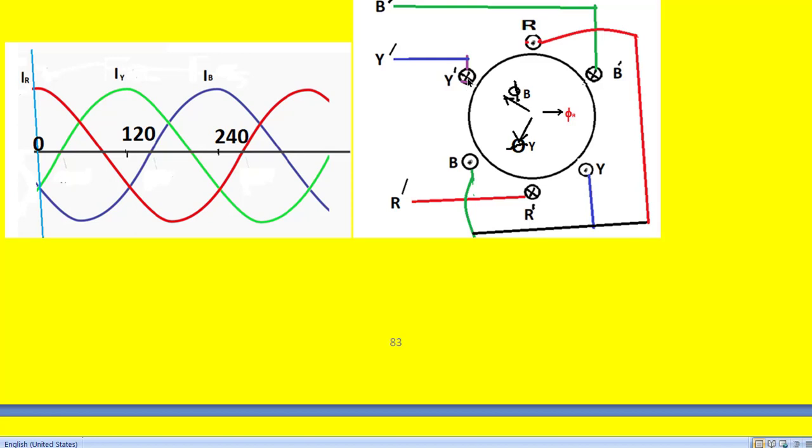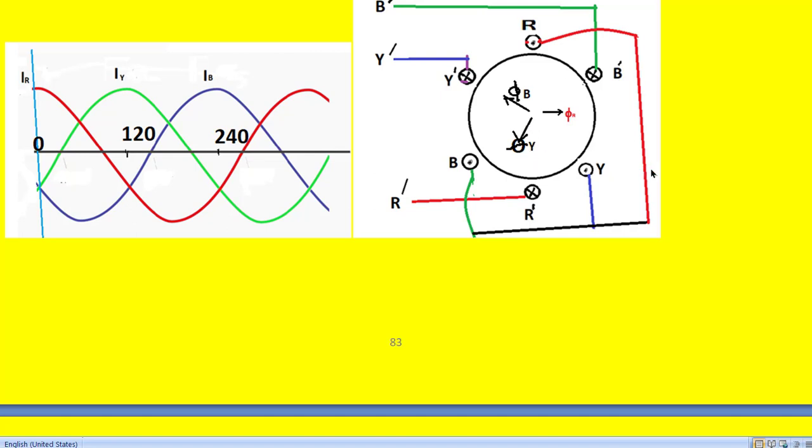The fingers should go into the paper, curl them, then your thumb indicates this direction, that is the flux produced by the current flowing in the Y phase. That flux direction we call the positive flux direction and we represent it here by phi Y. And the negative direction of the Y phase flux is automatically the opposite direction, 180 degrees to this phi Y.